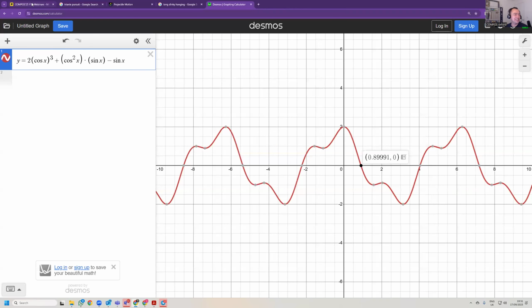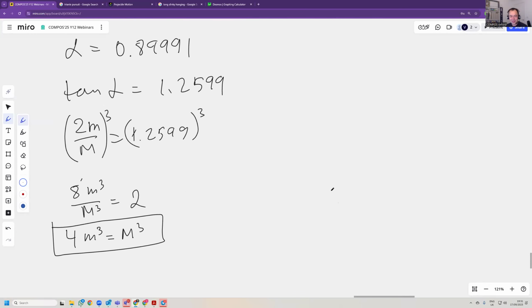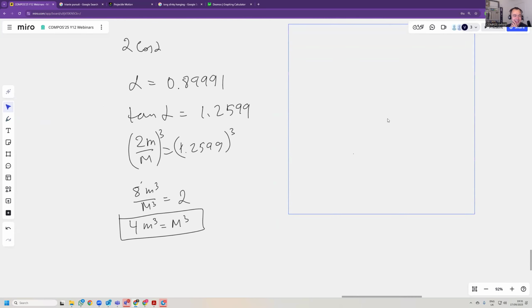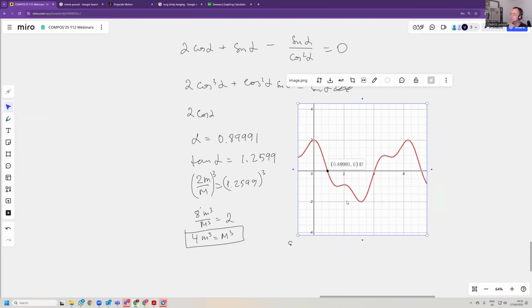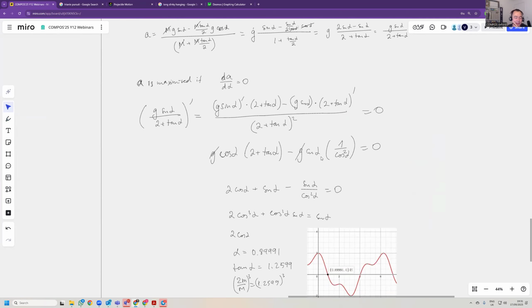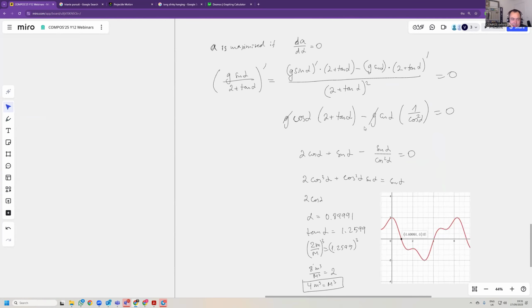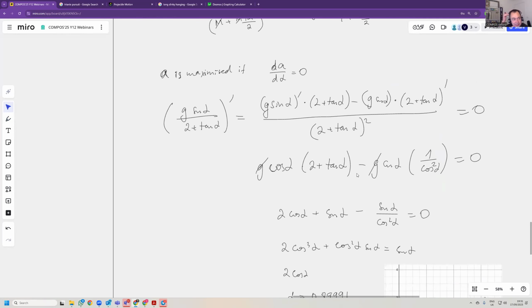With the slight cheat from Desmos, we got there, but hopefully you saw how I would use different tools to try to figure out what's going on. So let me walk you through the last bit. When you do an optimization problem, you have to differentiate, and it is maximum or minimum when the derivative is 0.